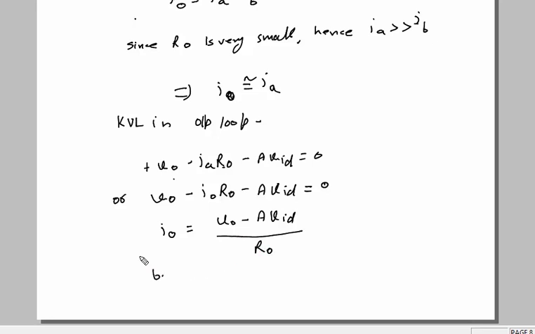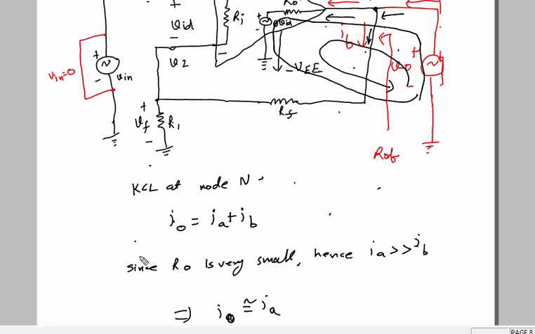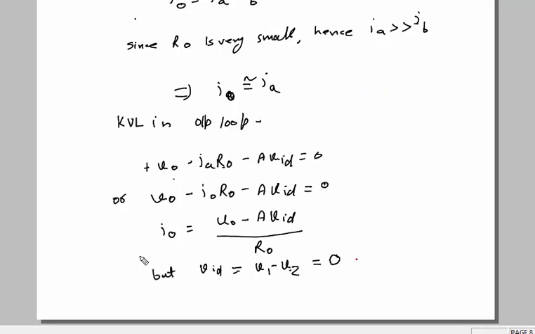But VID is V1 minus V2. Here V1 is connected to V in, which is 0. We have made it 0. This is the condition for measuring ROF. So V1 equals V in, which is 0 here, and V2 is VF.